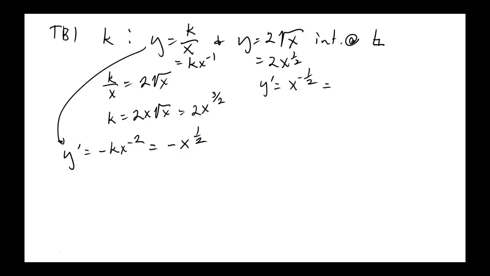Would you buy that? So what happened to k? Oh, we brought that one down. Yeah, these are negative reciprocals of each other. So that means, let's get rid of the minus signs, that k is equal to x to the 5/2. Multiply each side of the equation by x squared, which is x to the 4/2, and that gives you that.